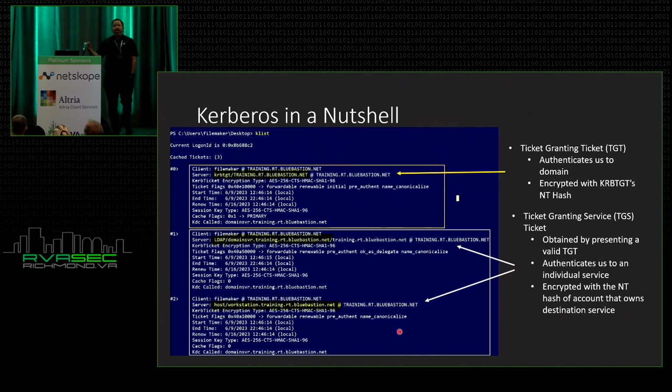So imagine if I want to access MS SQL service that is running under MS SQL account on a box. First, I authenticate to the domain and get a TGT encrypted with KRBTGT's hash. Then, using that TGT, I get a TGS encrypted with service account's hash.